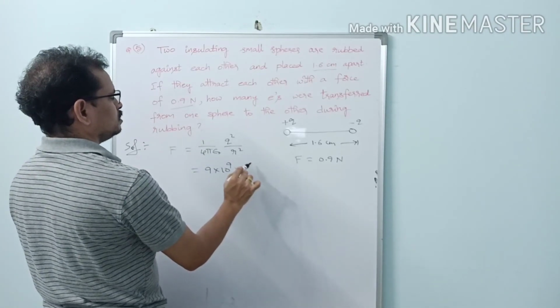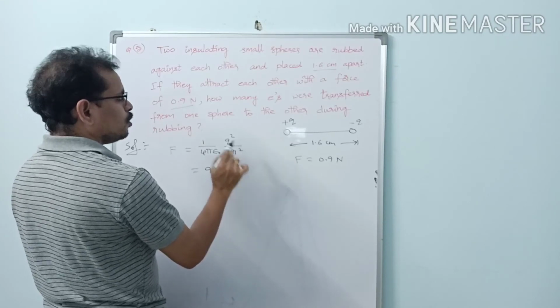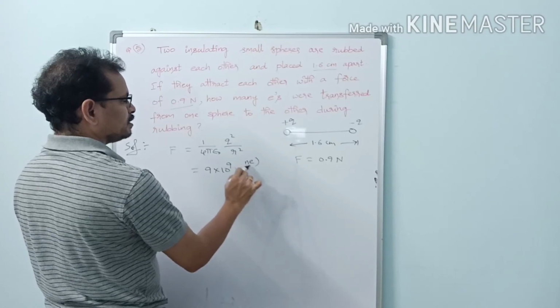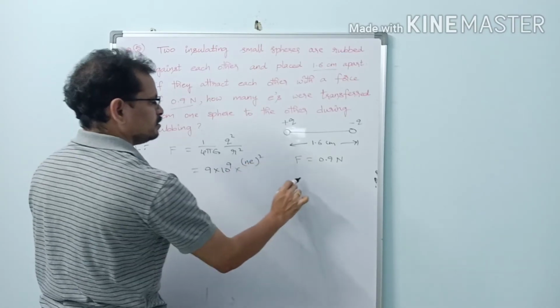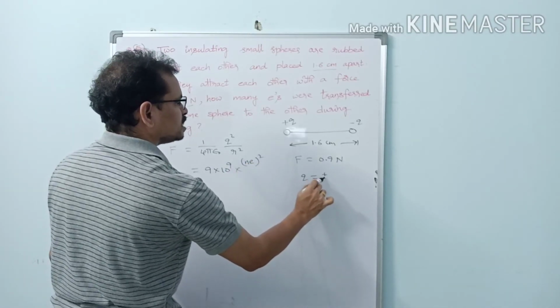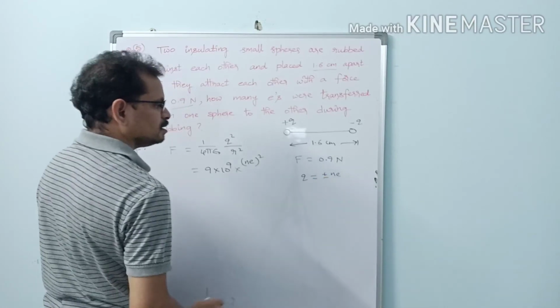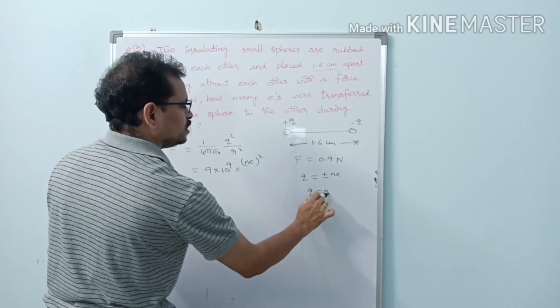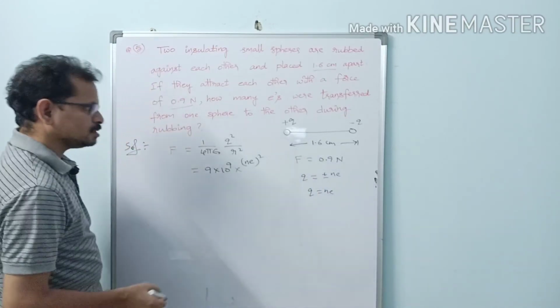We don't know Q here. So what is Q? Q equal to Ne, so (Ne) whole square. You know Q equal to plus or minus Ne; if you don't bother about the sign, Q equal to Ne considering only magnitude.